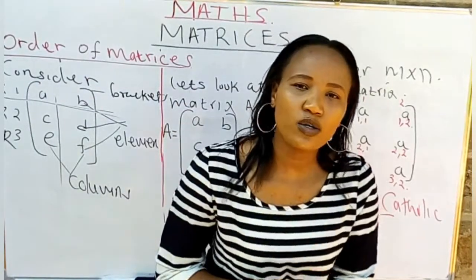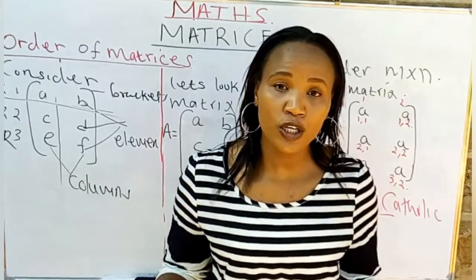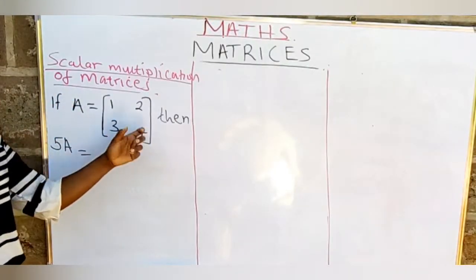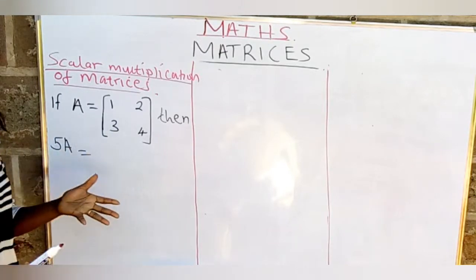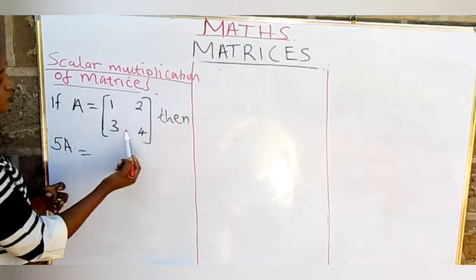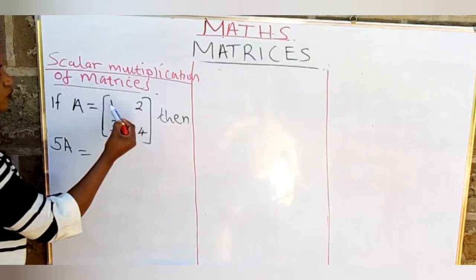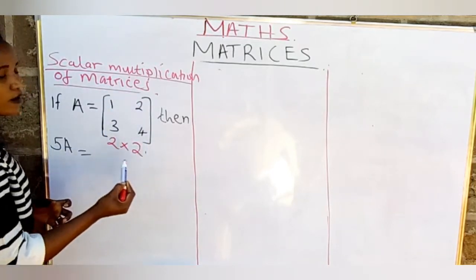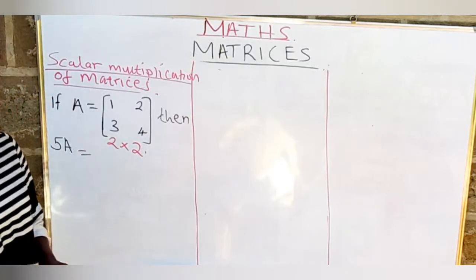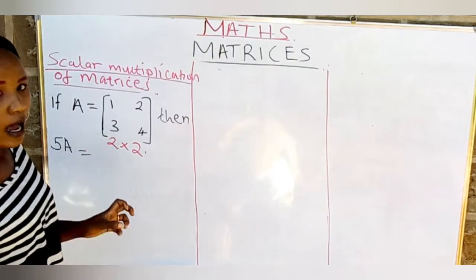So let us now look at scalar multiplication of matrices. Now if A is this matrix, I can see it is of order 2 by 2, it has 2 rows and 2 columns. So it's a square matrix because the number of rows and the number of columns are equal.